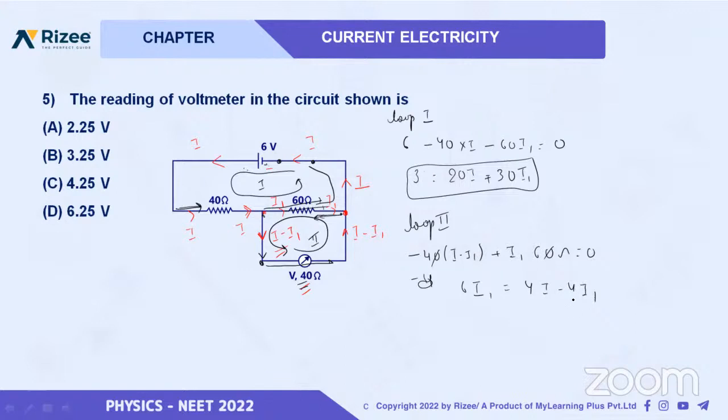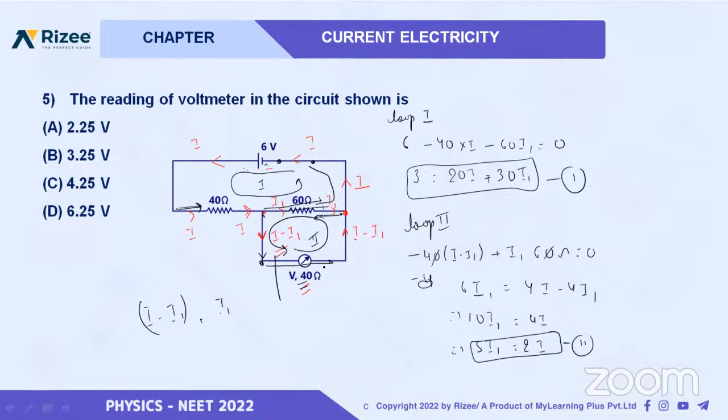Take common here, and it will be 10I1 is equal to 4I. That means 5I1 is equal to 2I. Take this as the second equation and the earlier one as the first equation. Solve these two equations. You will get the value of I minus I1, or the value of I1.